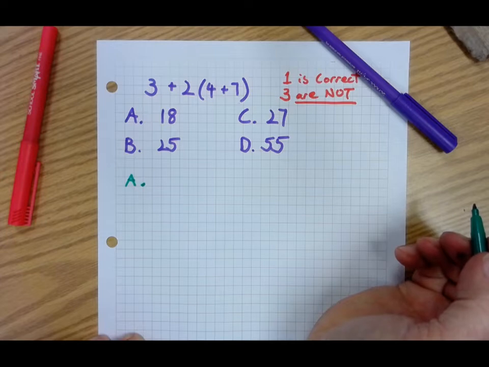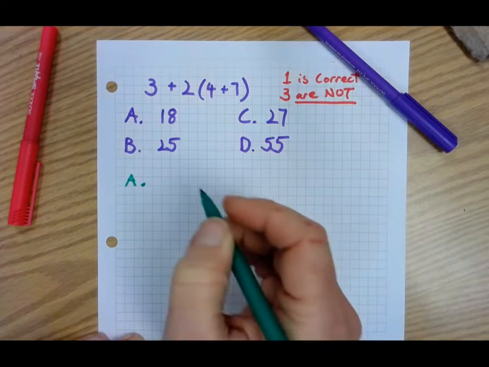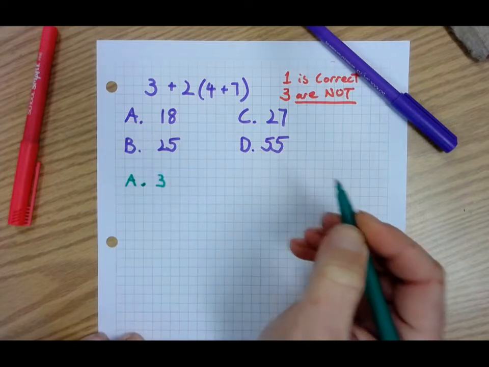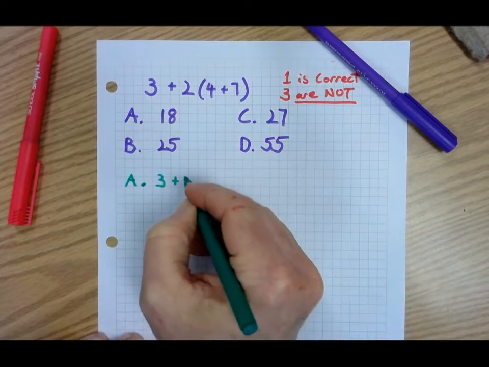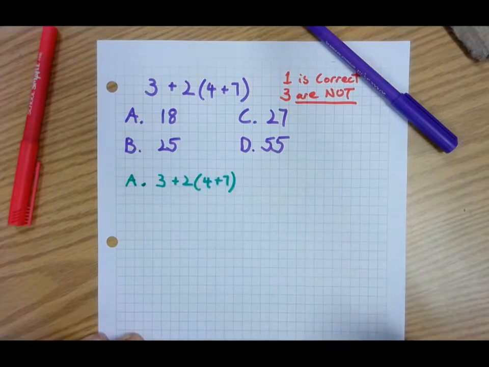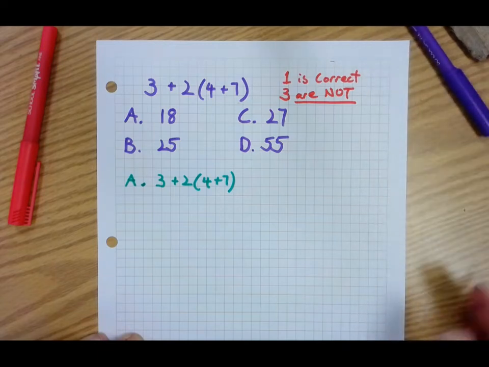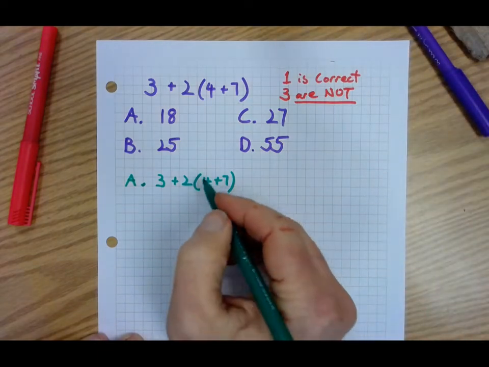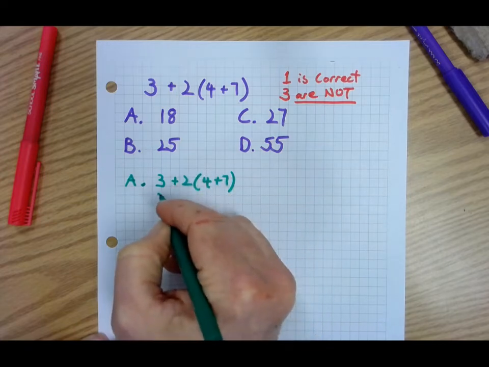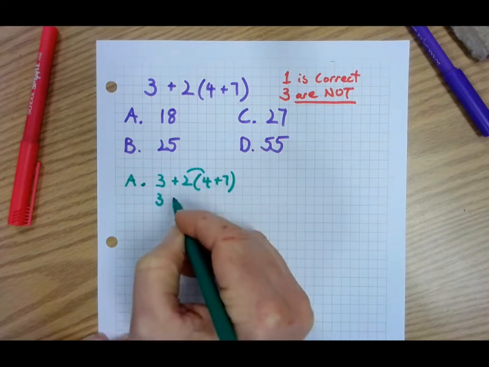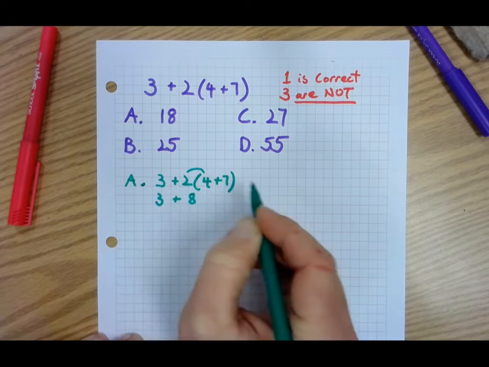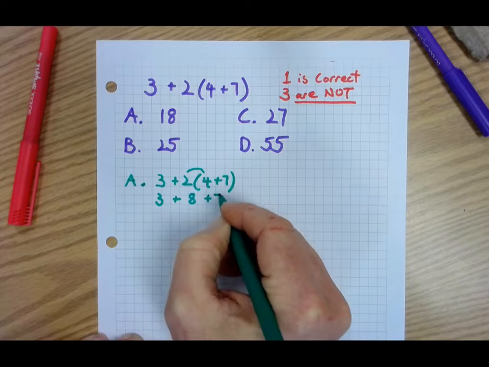I'm thinking it's pretty common if someone's not used to the distributive property or factoring, but recognize that parentheses means multiplication. Some folks will do 2 times 4 here and kind of forget about the 7 and do that, in which case we get 18.